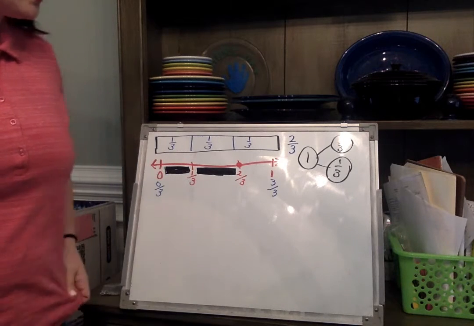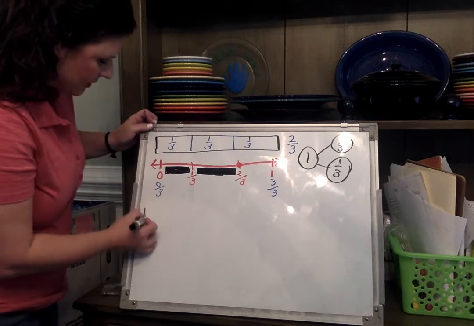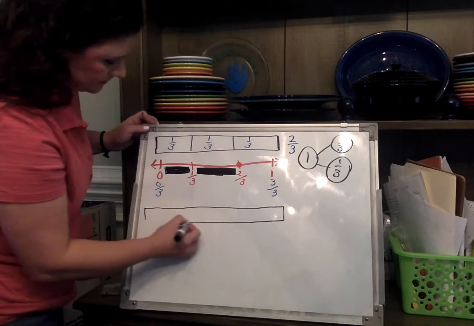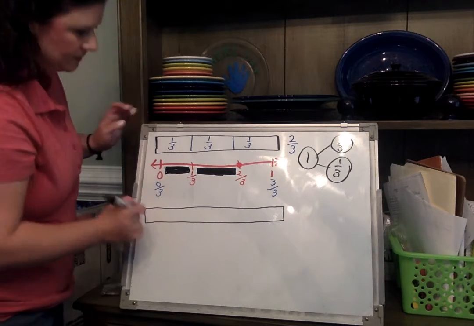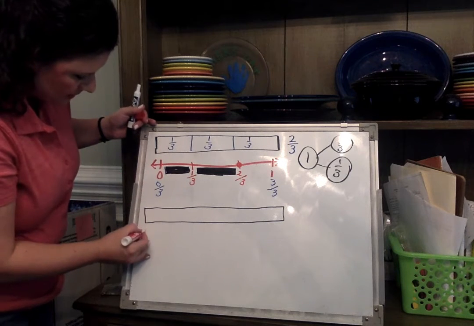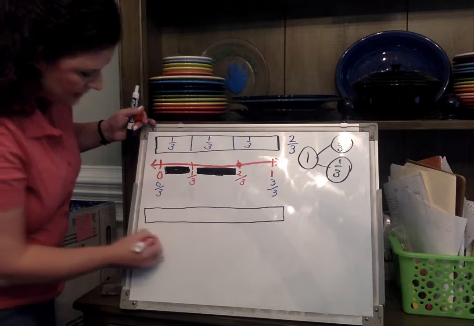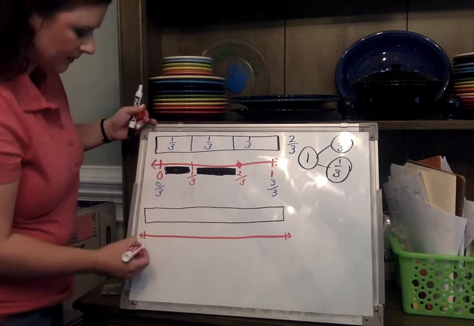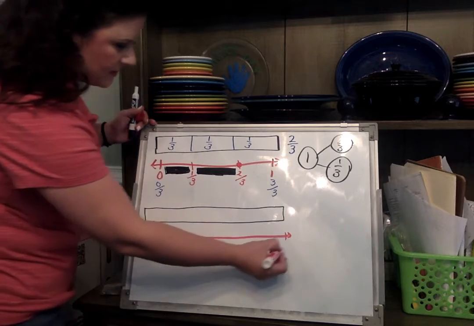And I want you on your scratch paper to go ahead and draw a tape diagram. Under your tape diagram, I want you to draw a number line. And we'll do a little bit better about making sure my number line starts and ends at my tape diagram. This is going to be 0 and 1.